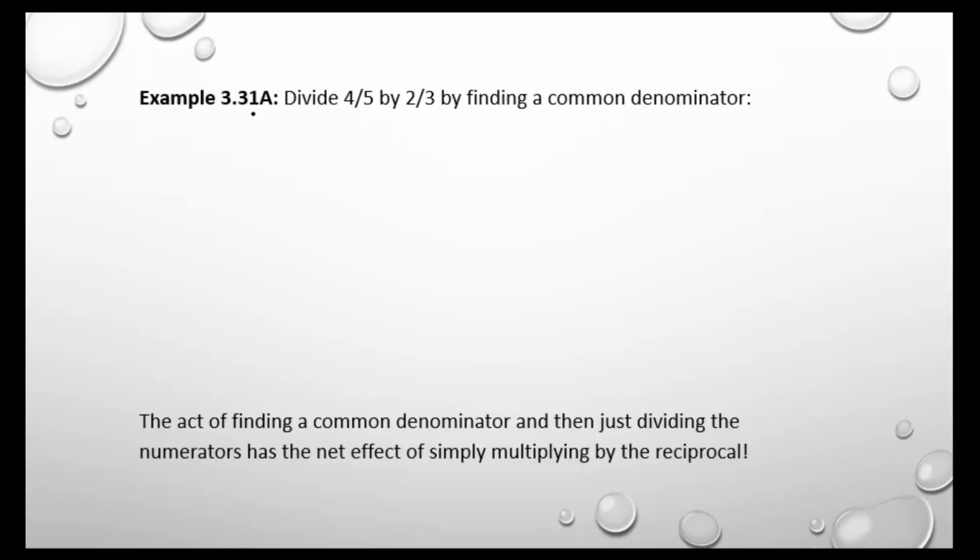All right, so pay attention to this one, because this one is going to show you why dividing is the same as multiplying by the reciprocal. So I'm going to take 4/5 and divide it by 2/3.